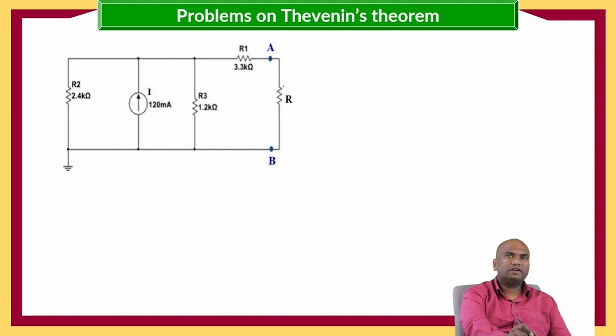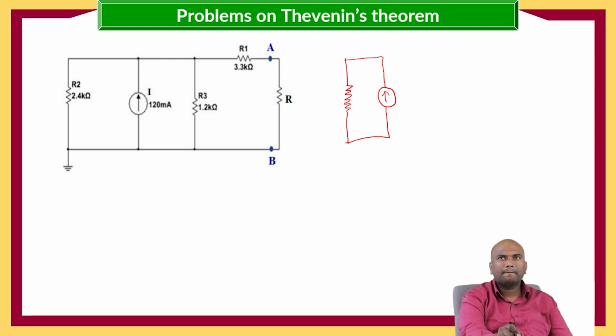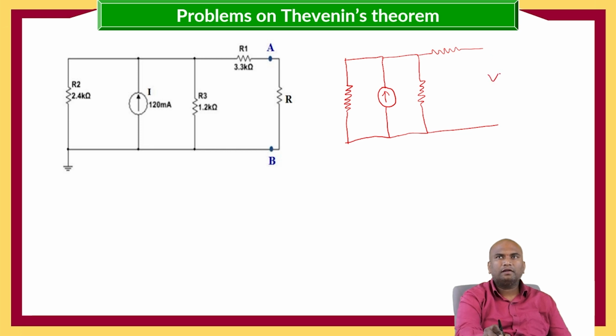Now when this load resistance is removed, the circuit will become this, and this is nothing but the VOC or VTH.